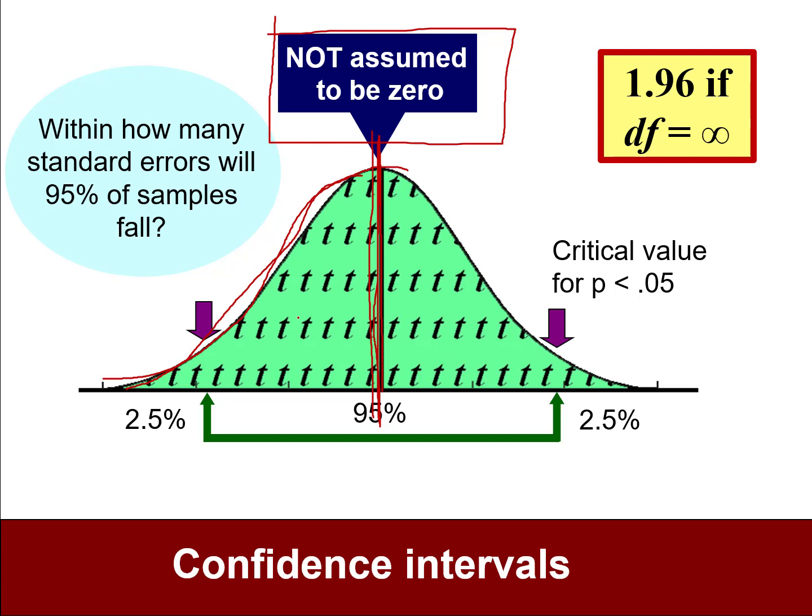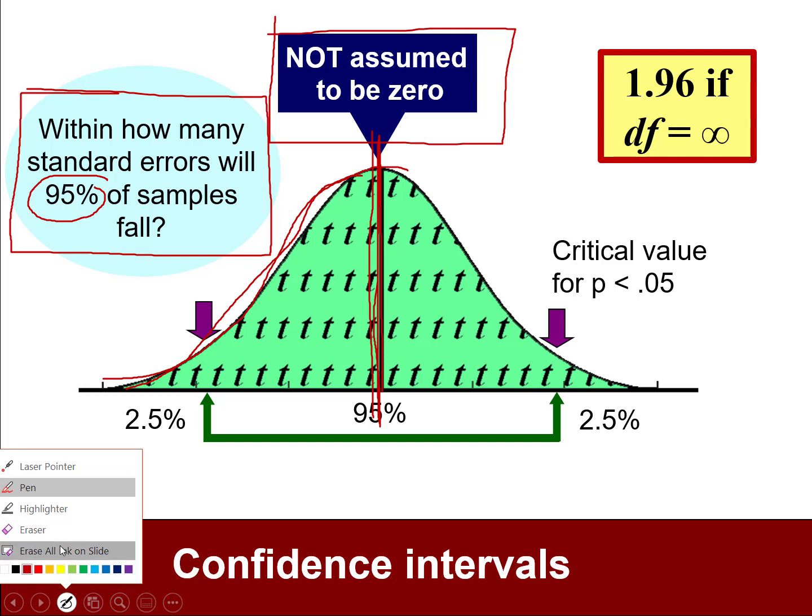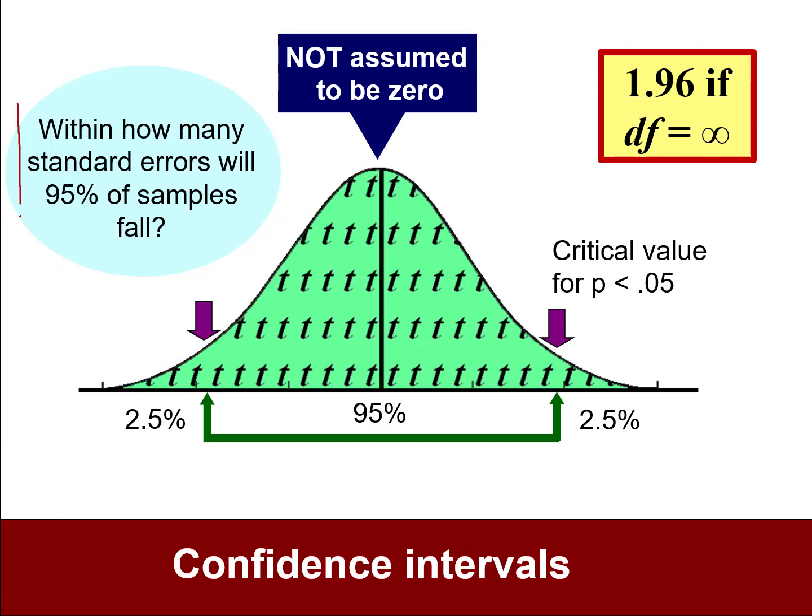And then I'm going to ask this question: within how many standard errors will 95% of samples fall? Notably, I'm asking about 95% of the samples because I want to create a 95% confidence interval. We just answered that question on the previous screen when we talked about a critical value.